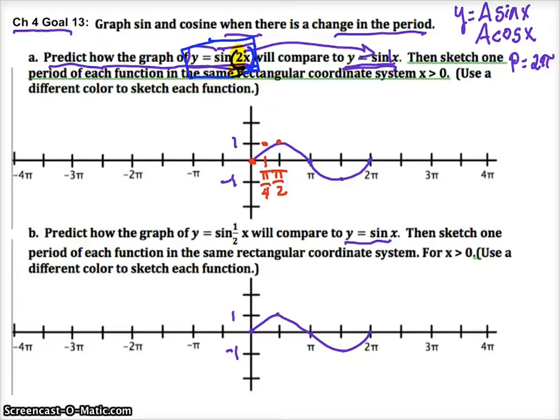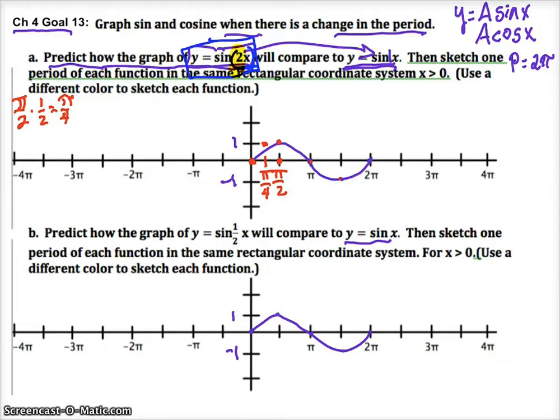I want to briefly remind you how to divide a fraction in half. If I take pi over 2 and multiply it by 1/2, I will multiply numerator times numerator and denominator times denominator. So I've shrunk that in half. If I take my third key point, or my x coordinate of pi, and multiply it by half, it will shrink down to pi over 2. So here I've got 3 of my key points.